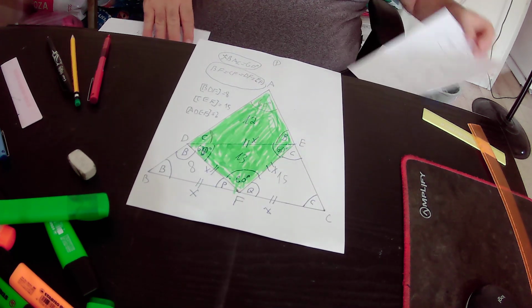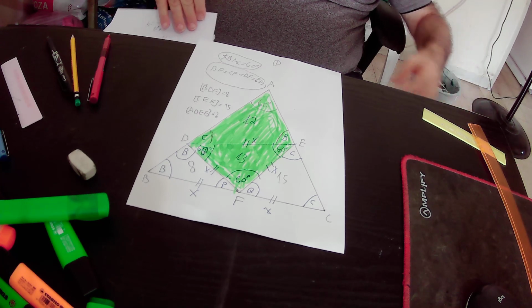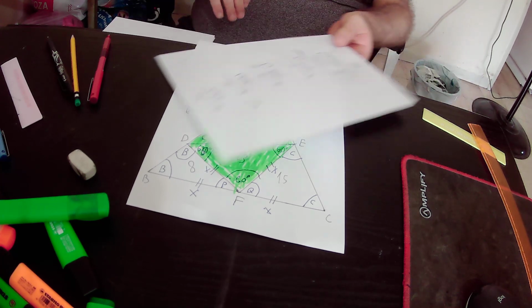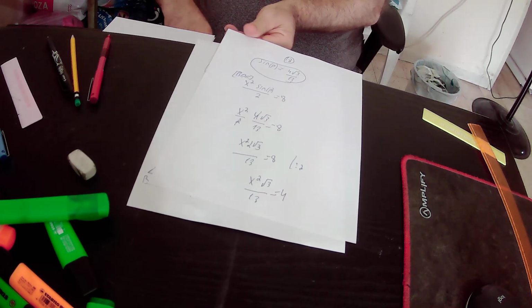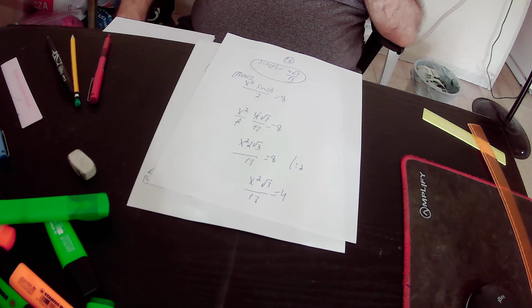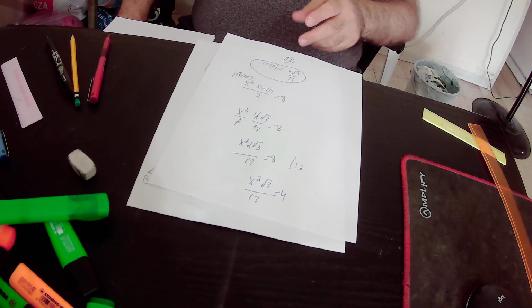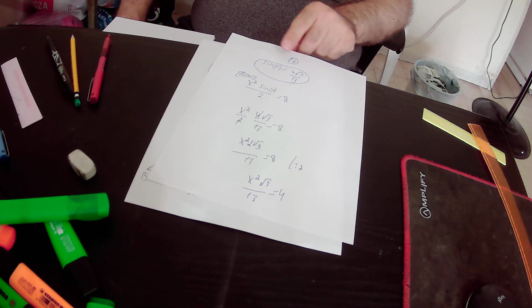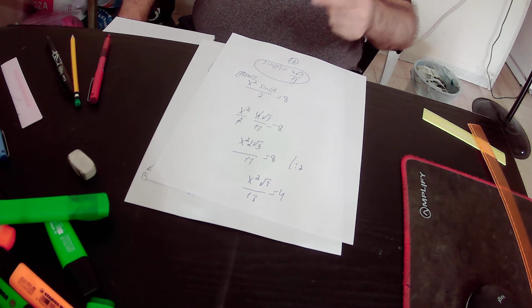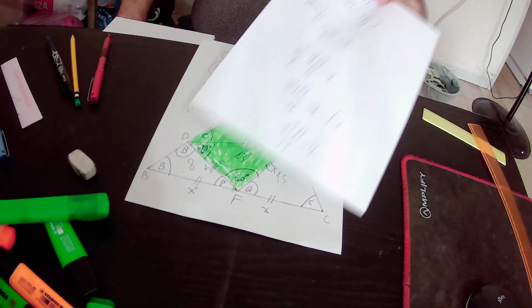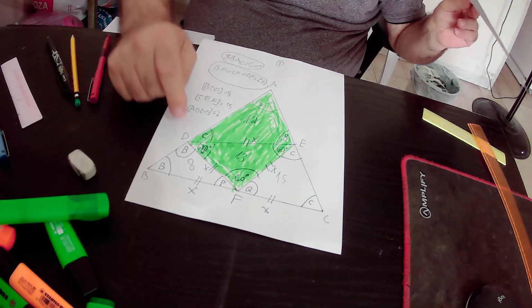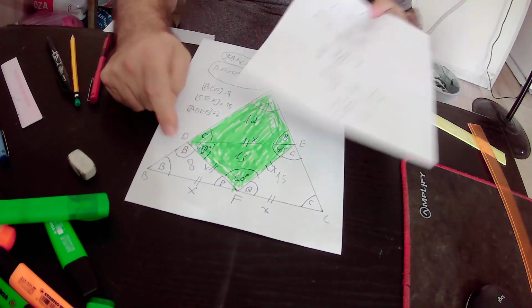And after we found out the value of sine P, we can easily calculate the area. We can use the formula that I presented to you for the area of triangle BDF that equals 8 square units.